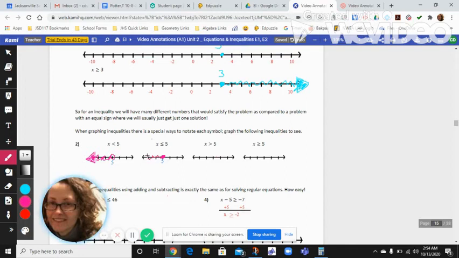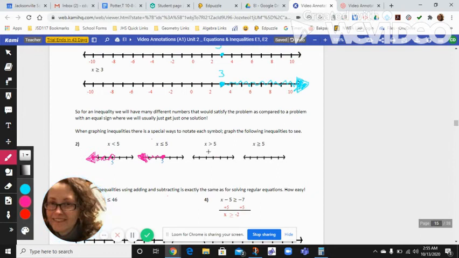And then again, we're going to be less than, so anything to the left. A 4 would work. 4 is less than or equal to 5. A 0 would work. 0 is less than or equal to 5, but nothing to the right because 6, for example, would not be less than or equal to 5.